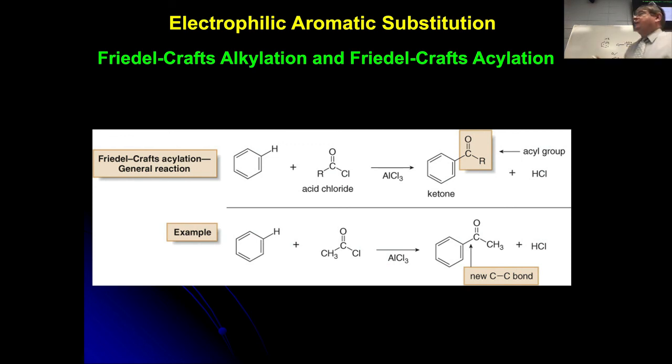We've got just a couple more minutes. So, you all tell me how you think that's going to work. How are we going to generate the electrophile? Same process, except without rearrangement.